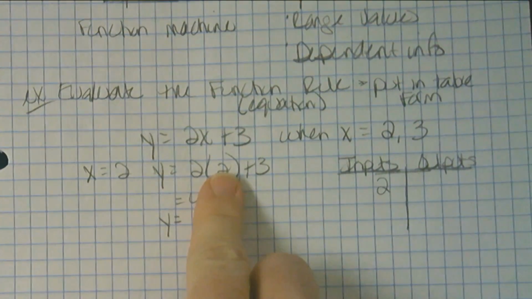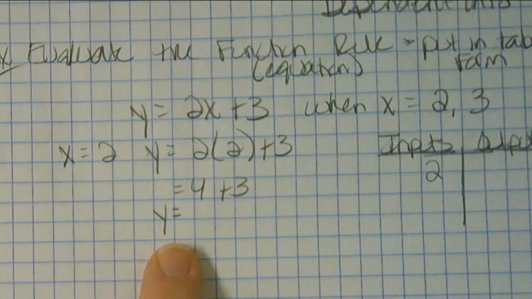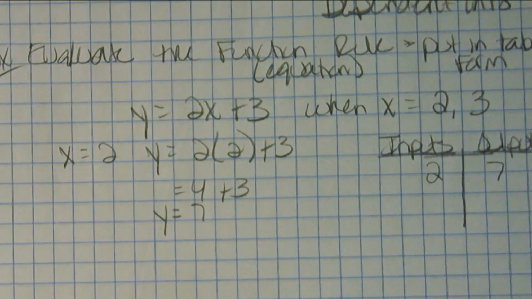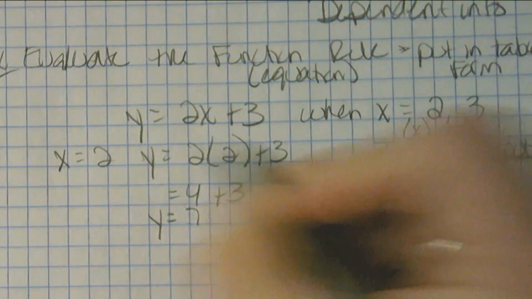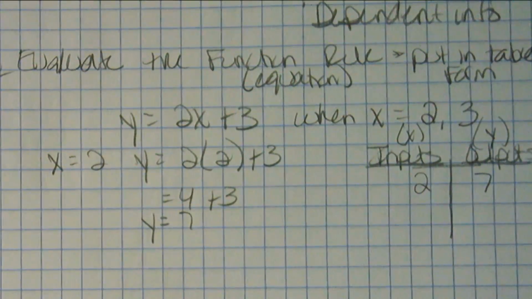When I put my 2 in for my x value, my input, what did I get for my output, Matthew? 7. My output is 7. Remember, my inputs are my x value or the independent. My outputs are the y value or the dependent.